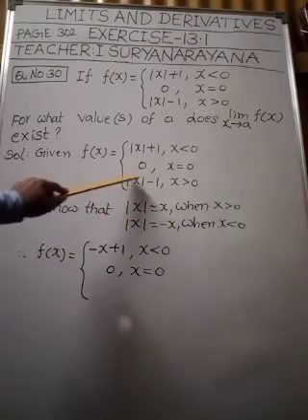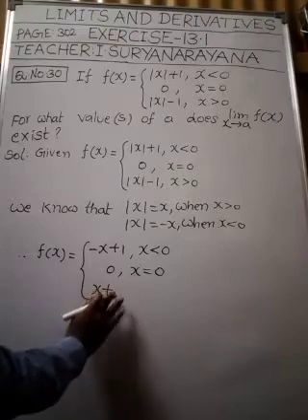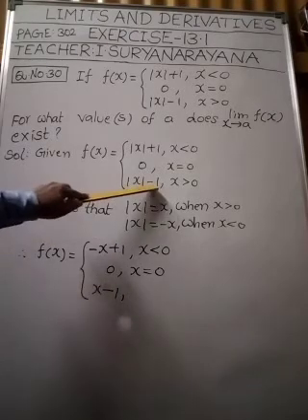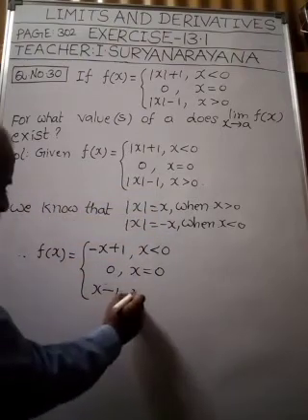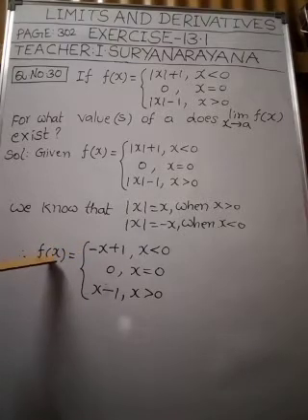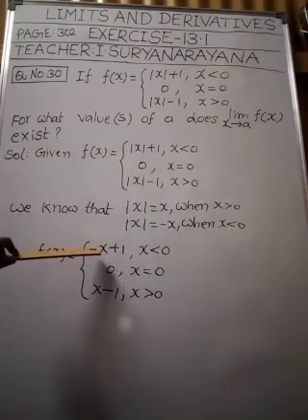X only. So in the place of modulus of x, we have to write x only. X minus 1, we write the remaining terms as it is, x minus 1 when x is greater than 0. We rewrote the given function f of x, okay, my children, by removing the modulus symbol.